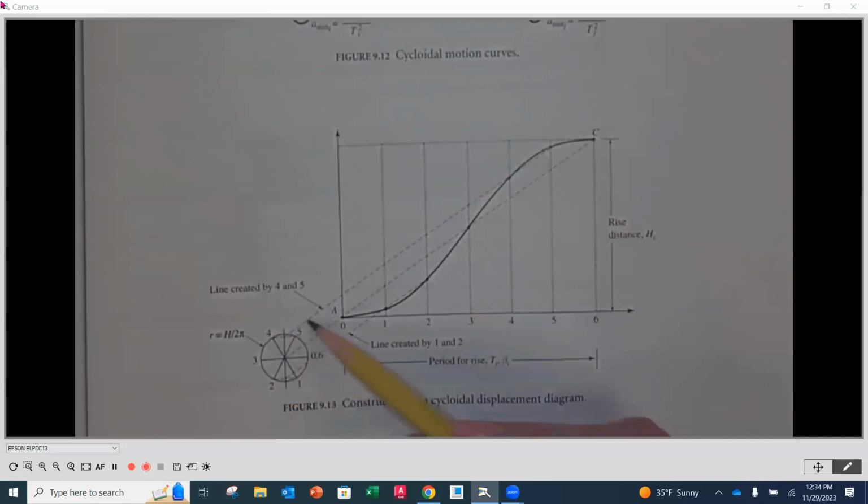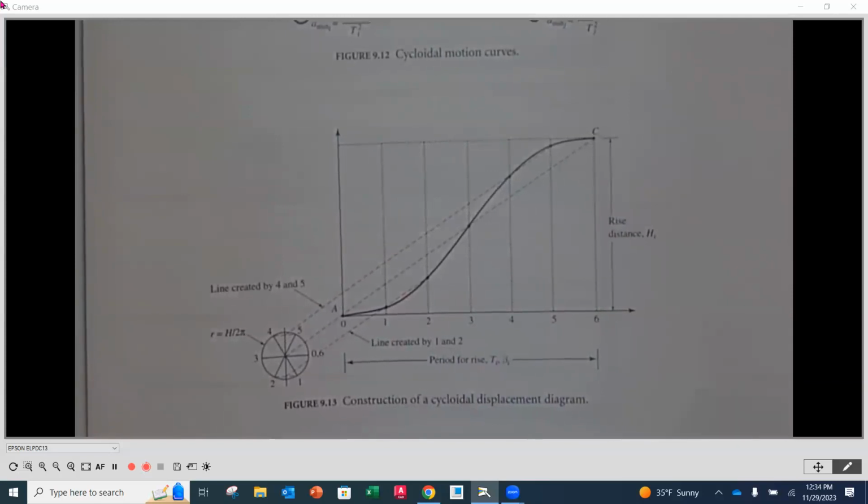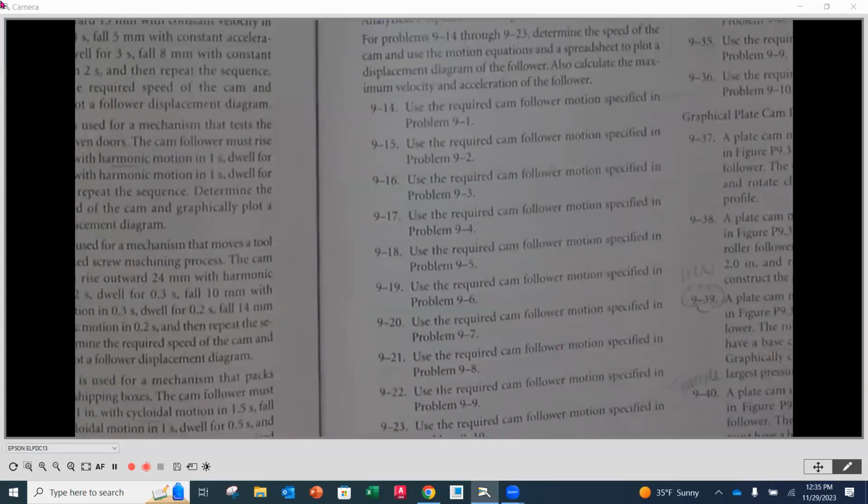Then the 4 and the 5 are going to be here. And then the 3, 0, and the 6 are all going to fall in the middle. So 0, 3, and 6 are going to be along that line. And then it's going to be a spline fit in AutoCAD. So for that problem, you're going to be using that construction.